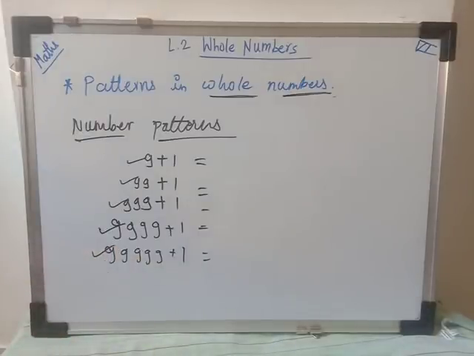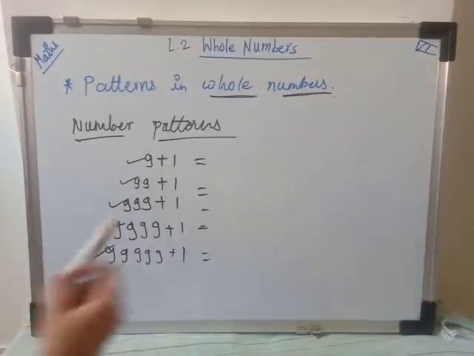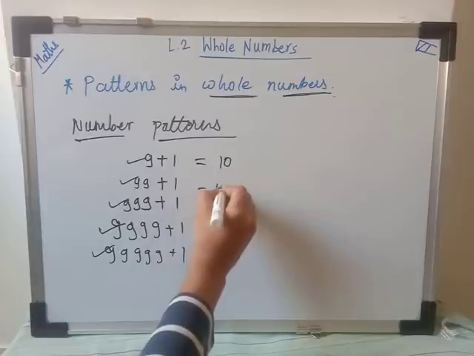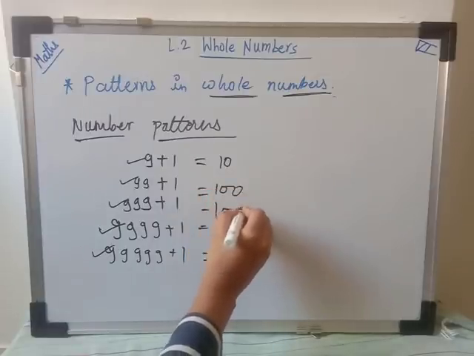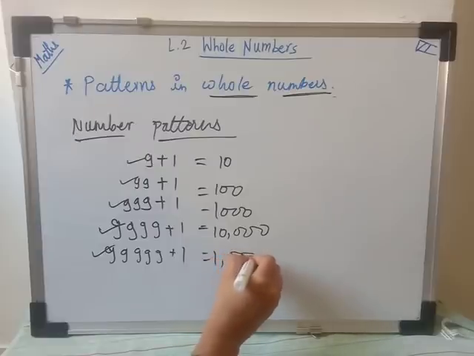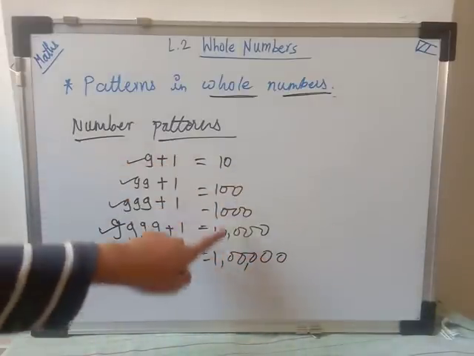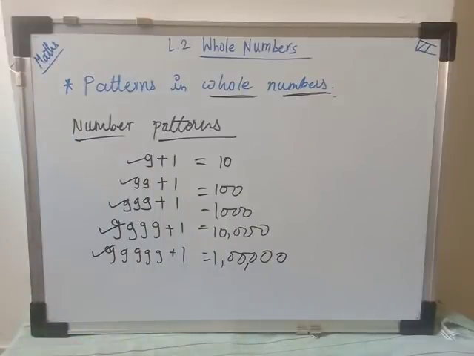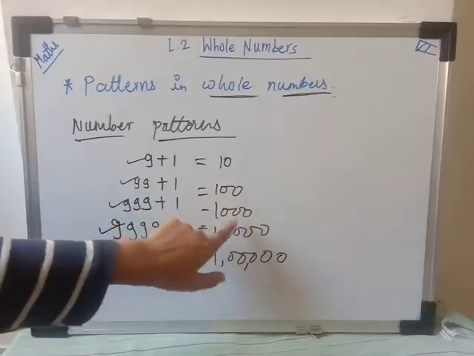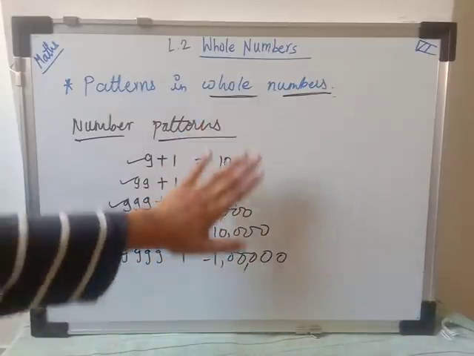If we add 1 to each number, we get the next numbers: 10, 100, 1000, 10,000 and here 1 lakh. So this is one pattern. You can see here the number of zeros is increasing: 1, 2, 3, 4, 5.